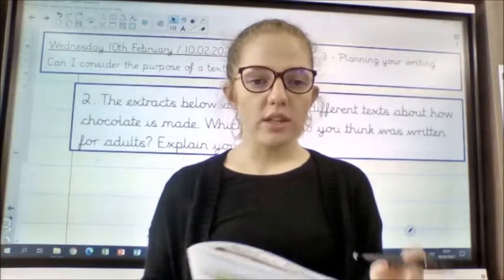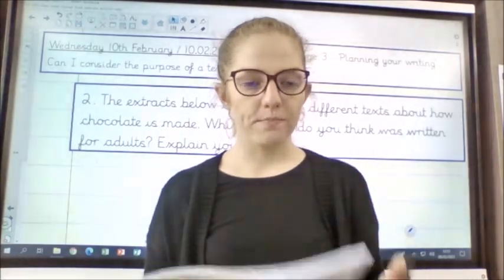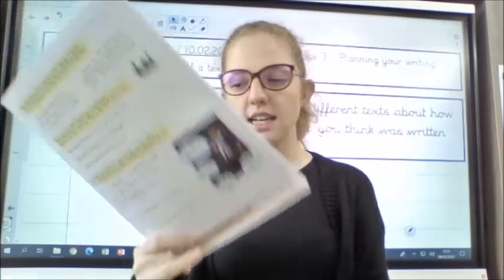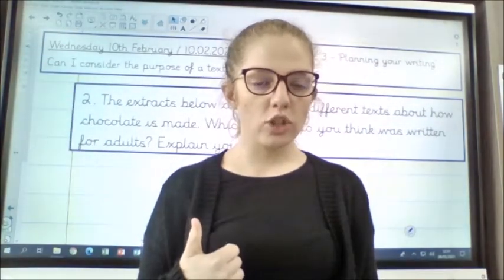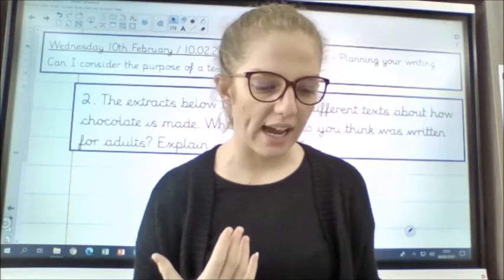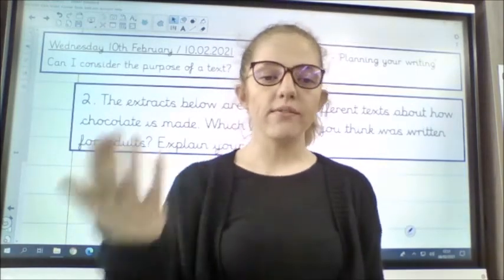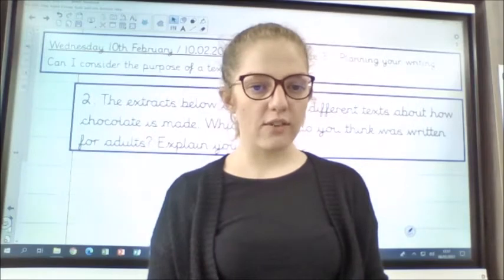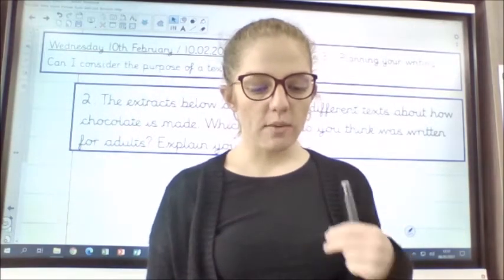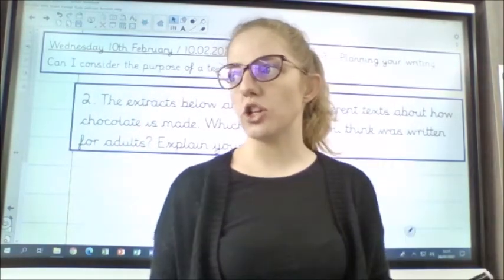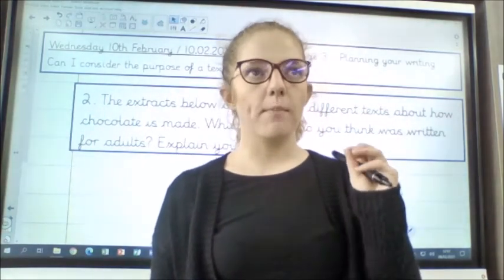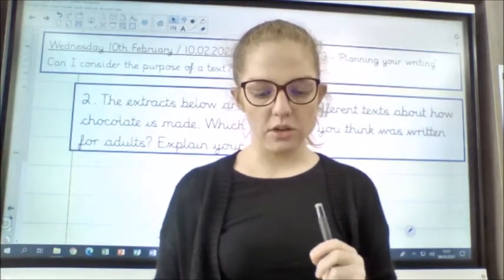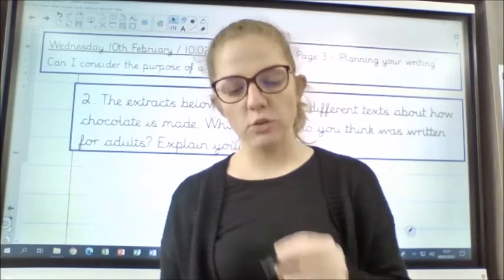Now, I would give you the tip and advice of look at how formal the text is. Look at the language that is being used. So is yummy a word that you would use for adults? What information is the text giving you in the extract? So is it telling you about the location of the cocoa beans? Is it telling you about where chocolate is being made? Okay, and then you need to expand with the word because.